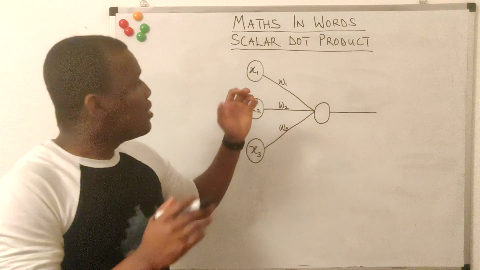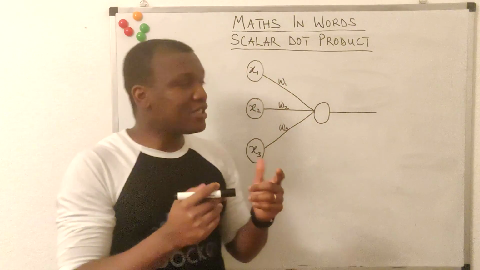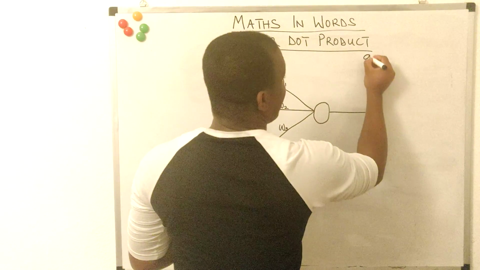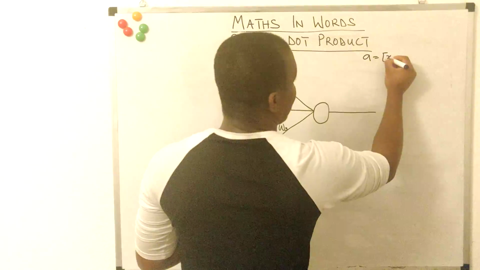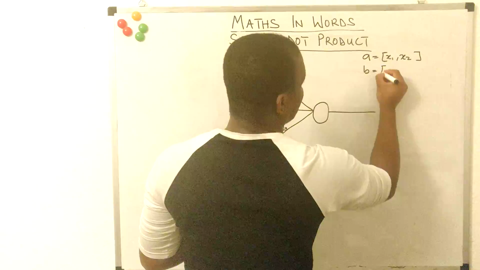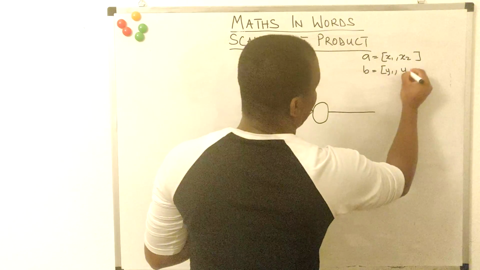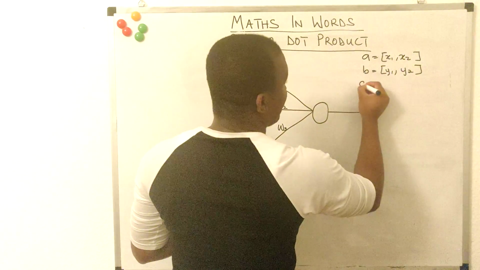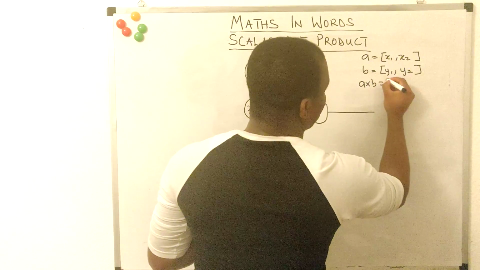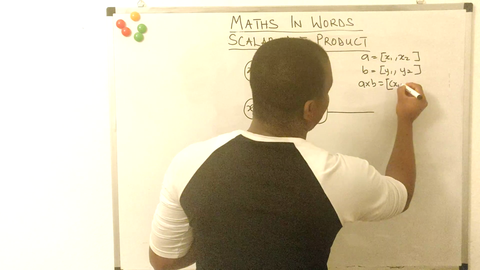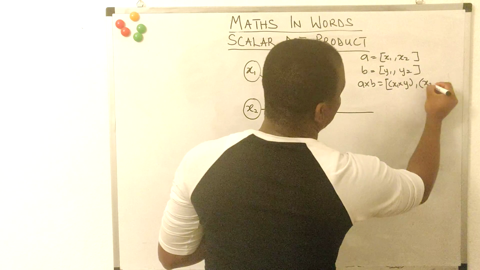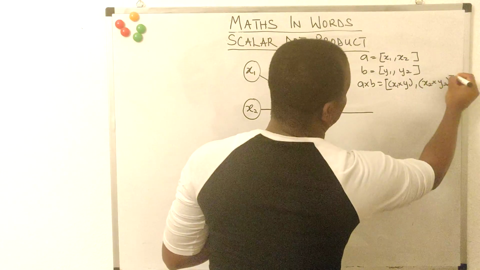In the element-wise multiplication, if I had two vectors, say A is equal to x1, x2, and B is equal to y1, y2, then A times B was simply x1 times y1, and then x2 times y2.